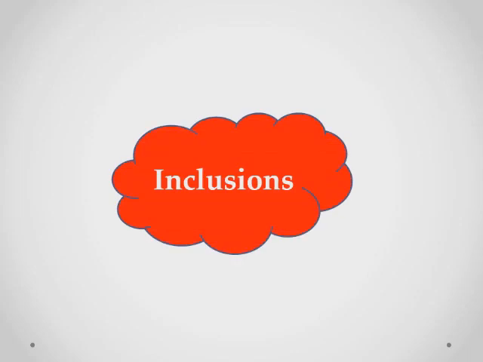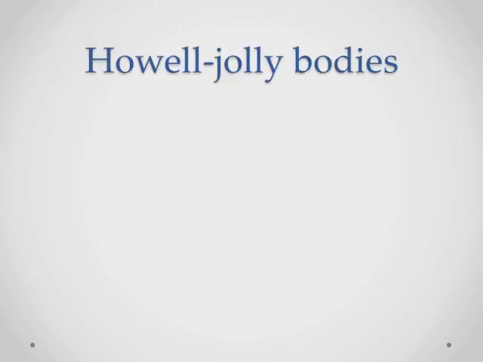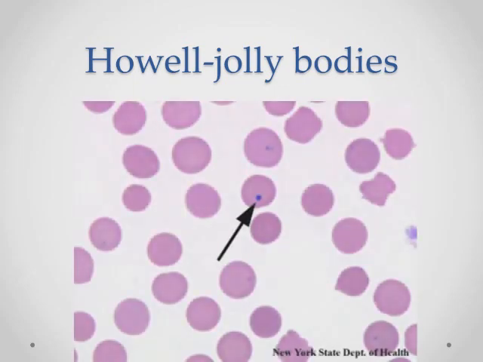Now we have finished red blood cell poikilocytosis, and now we will start another topic which is called red blood cell inclusions. Let's see what are the red blood cell inclusions that we have today. First, Howell-Jolly body. A Howell-Jolly body is a small single blue dot inside the red blood cell.